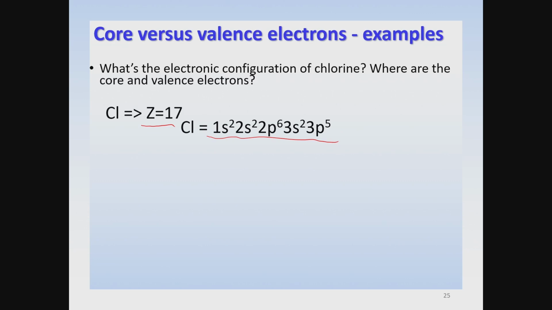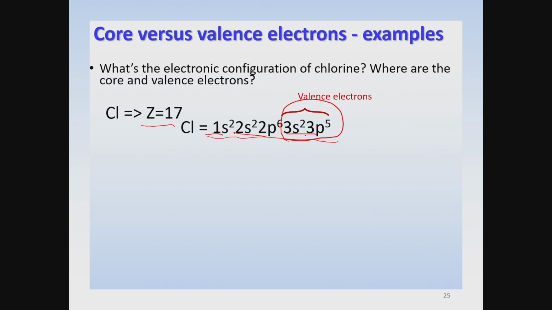You should be able to look at this electron configuration and identify which ones are the valence electrons. Here I pointed out that the valence electrons are the ones in chlorine's highest energy level. One thing I want you to notice in chlorine's configuration: there is a first energy level of 2 electrons. There is a second energy level with 8 electrons.